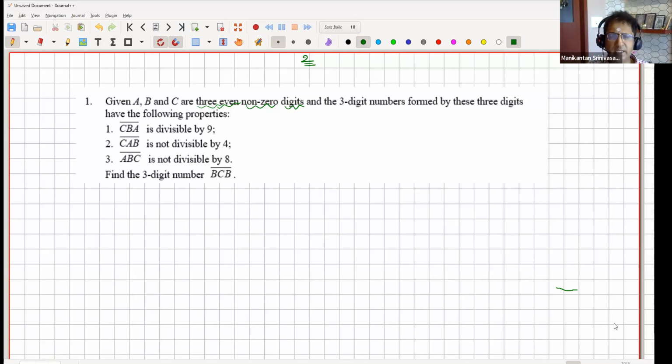He didn't say that they are distinct. Assume they are three distinct digits, and we'll discuss both cases, where they could be identical and where there could be commonalities as well.